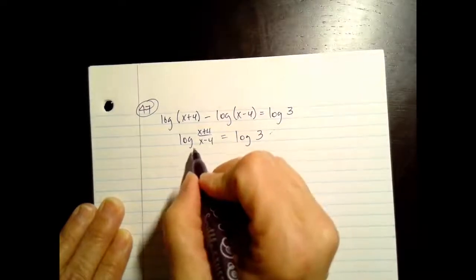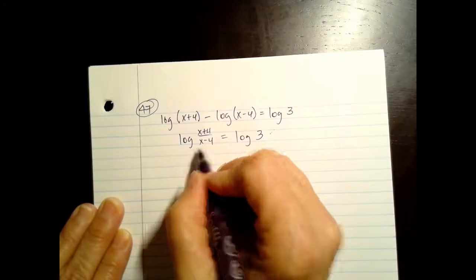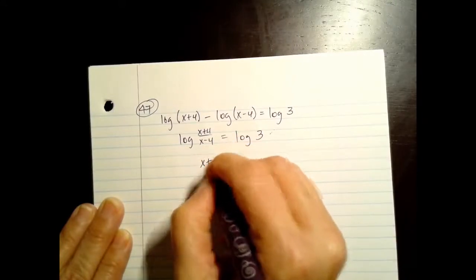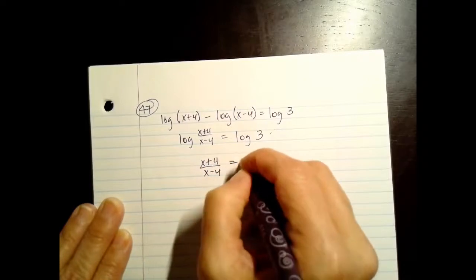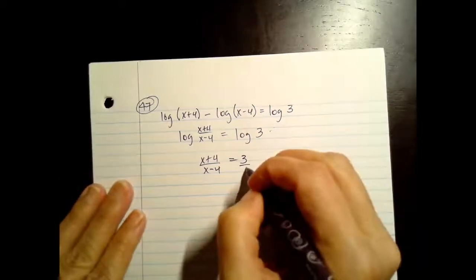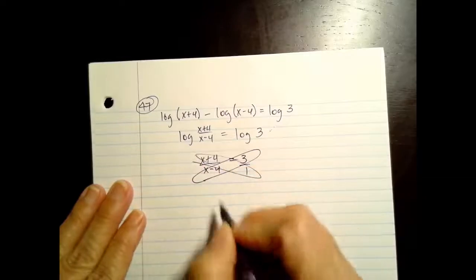And so we know that if these two are equal, this is like log base 10, this is log base 10, right? So then that tells us that x plus 4 over x minus 4 has to be equal to 3. Otherwise, this whole thing wouldn't work out. So now we can solve. Put this over 1. Then I can cross multiply on these.